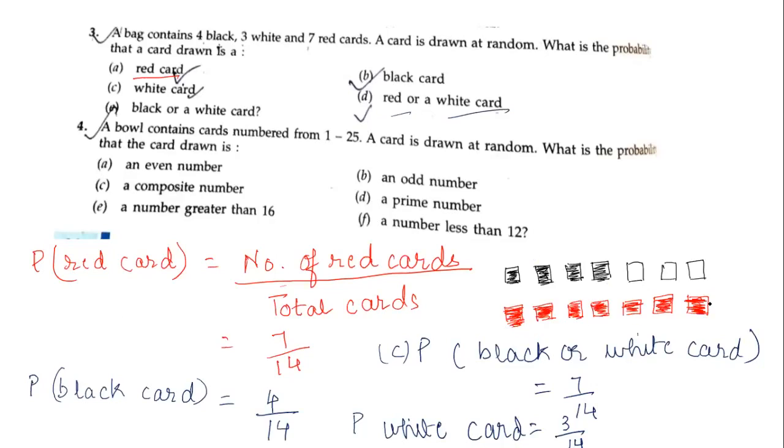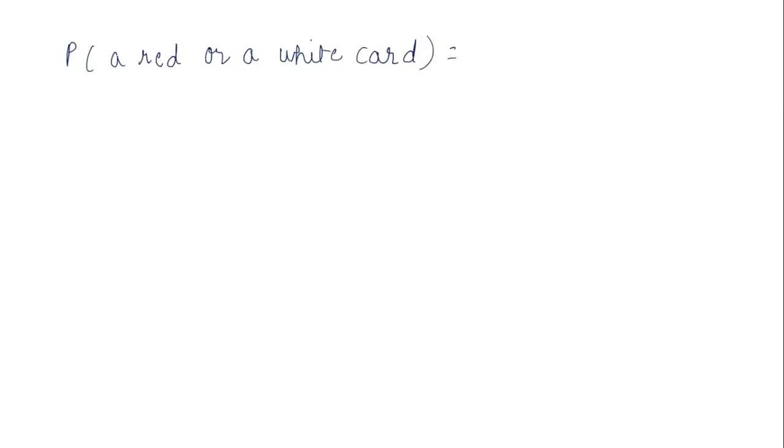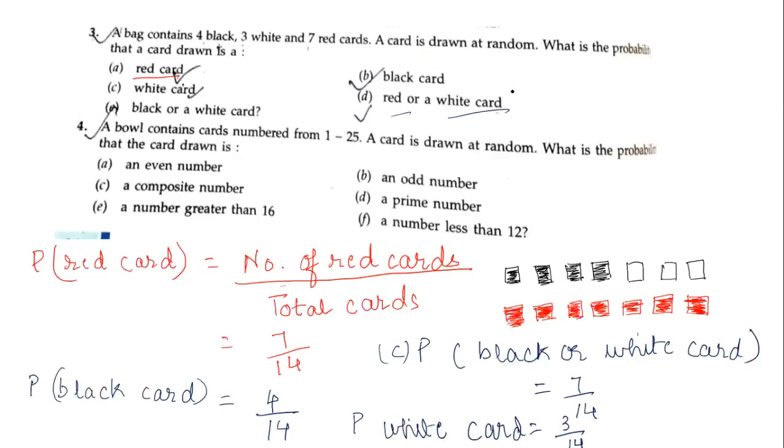Red and white cards, 7 plus 3, 10. So 10 is the favorable outcome, divided by total outcomes, which is 14. With this we complete our third question.